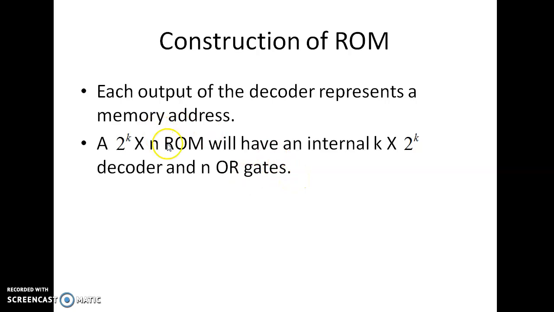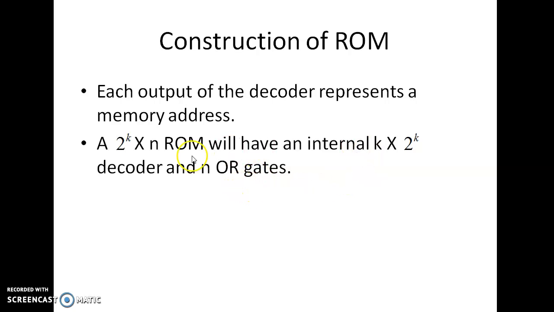I repeat, if the size of the ROM is 2 power k into n, then the size of the decoder is k into 2 power k. And how many OR gates does it consist of? n OR gates. That means the number of outputs of a ROM is equal to the number of OR gates that are being used.